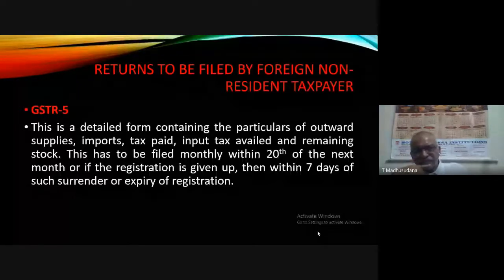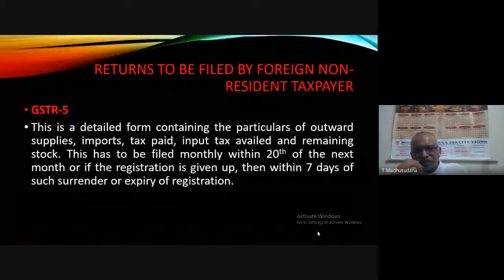It is to be submitted within the 20th of the next month. That means 20 days time is given to file monthly GSTR 5 by the foreign non-resident taxpayers.